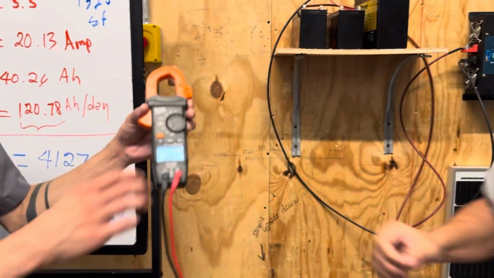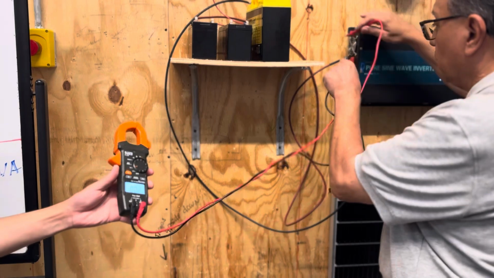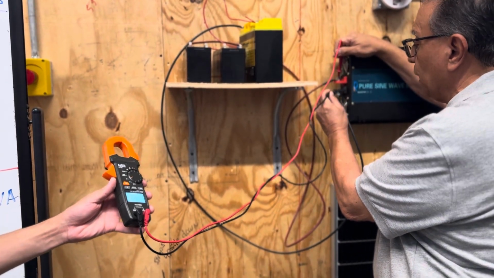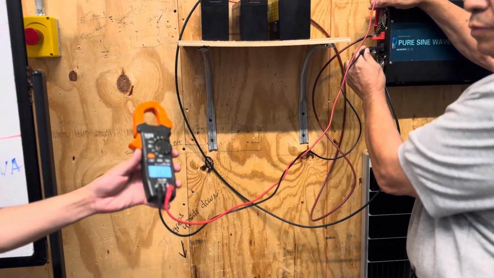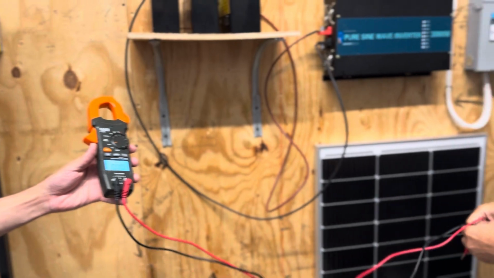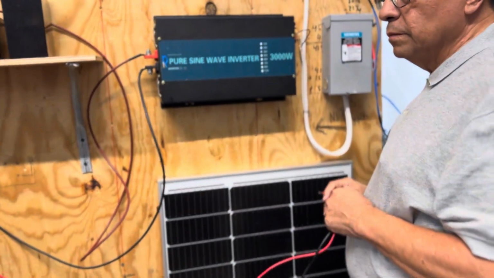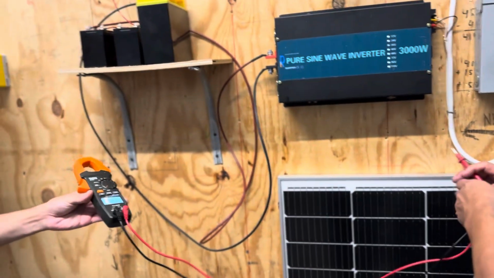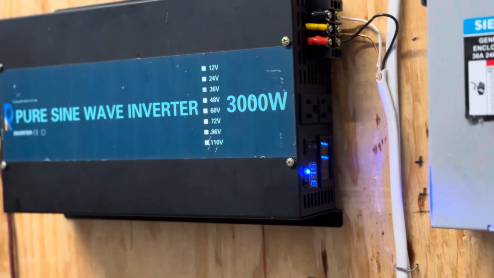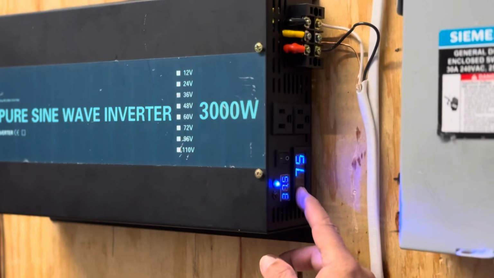With 36 volts DC, if I check, the red one is the positive, the black one is the negative, I have 38.2 volts DC. So the output will be, because the factor is 3, I turn it on, and you can read here.